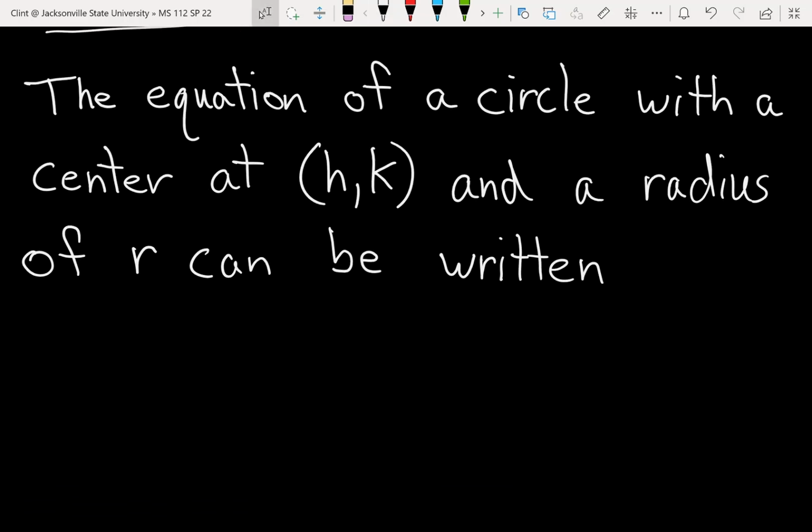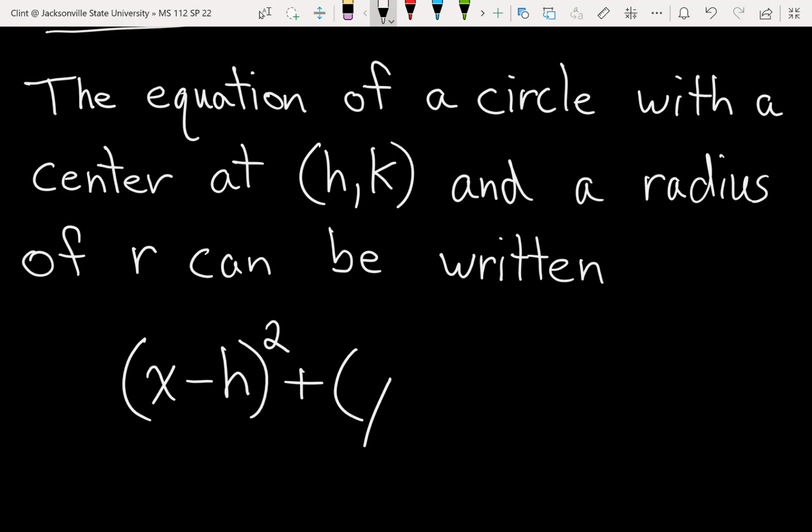And so if we have a circle with its center at h comma k, and the radius is r, the way our equation of the circle looks is x minus h squared plus y minus k squared equals r squared.